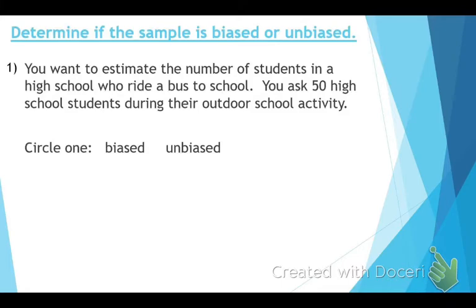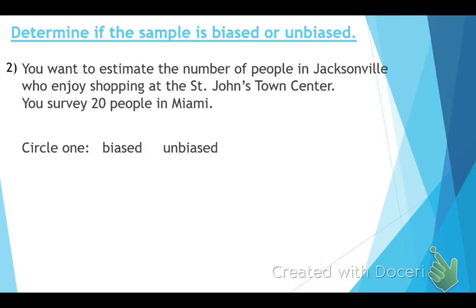What do you think? Is that biased or unbiased? Unbiased. How can you tell when something is unbiased? Large and random, as we just said. For this, they asked 50 people and they were randomly asking them when they were outside at this activity.